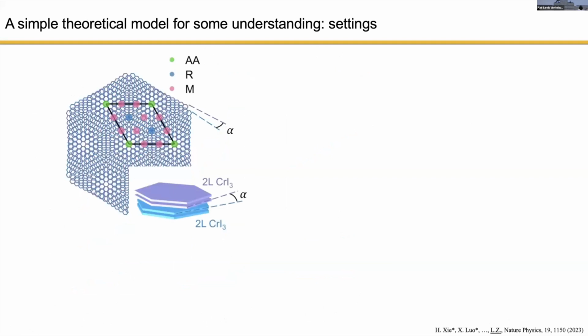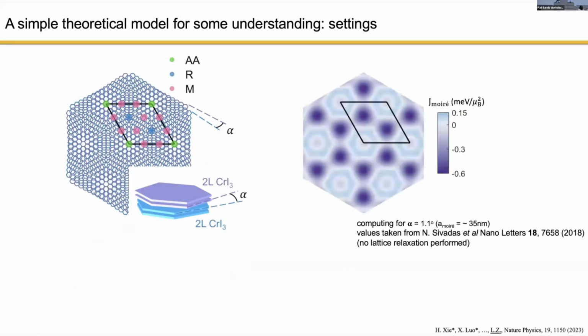Okay, so in order to understand this data, we collaborated with Kai Sun at Michigan. Kai provided us a spin Hamiltonian and then relaxed it to find the ground state of the system. The spin Hamiltonian is set up in such a way that we have bilayer plus bilayer. At the interface, we need a location-dependent interlayer exchange coupling.